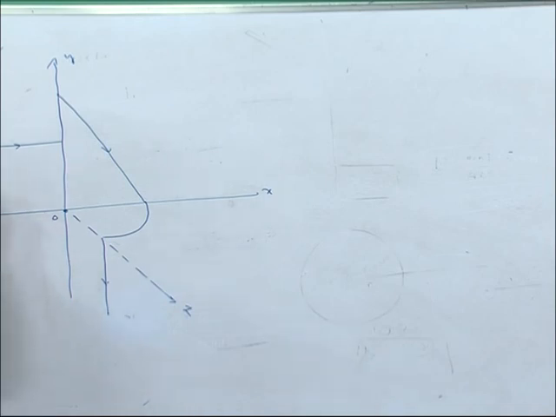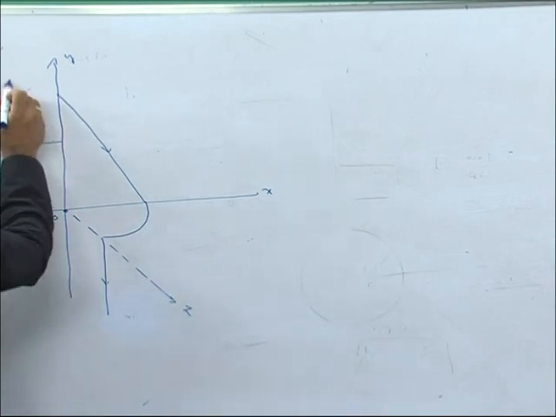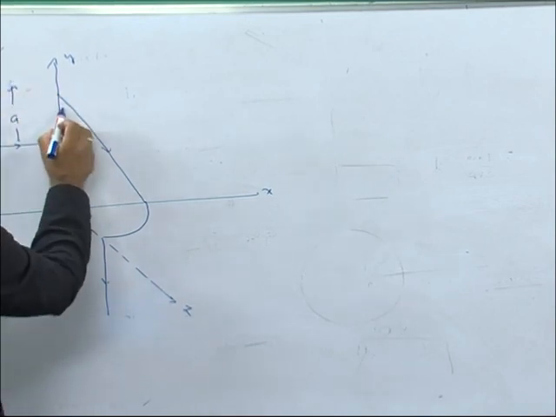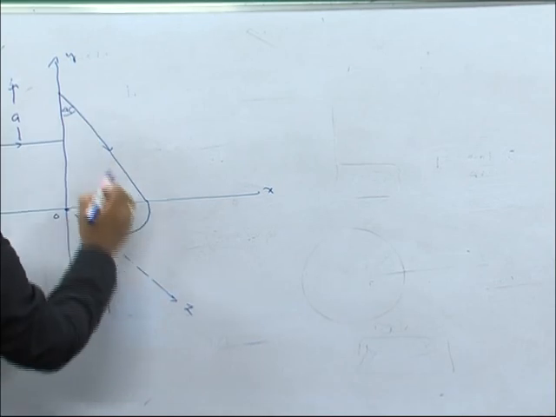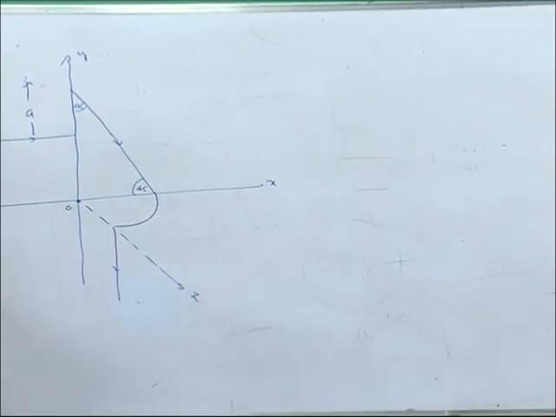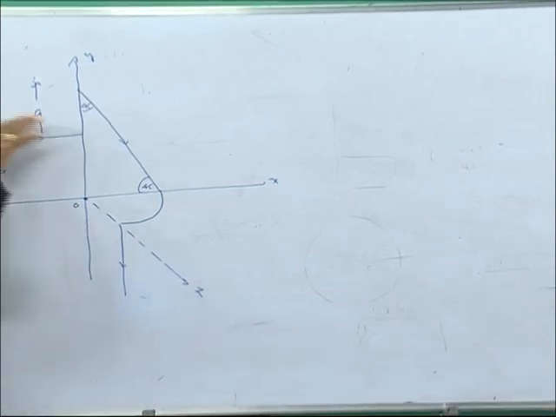This length is at a distance of A from O, and the second length is also at a distance of A from O, and this angle is given as 45 degrees. This is also 45 degrees. Here the current is flowing along this direction.